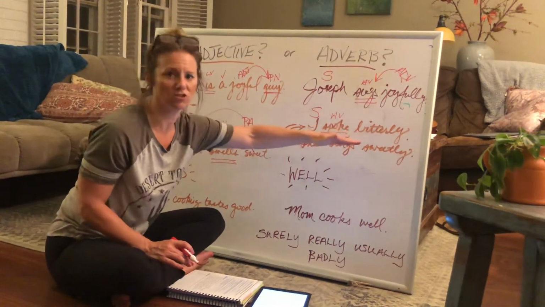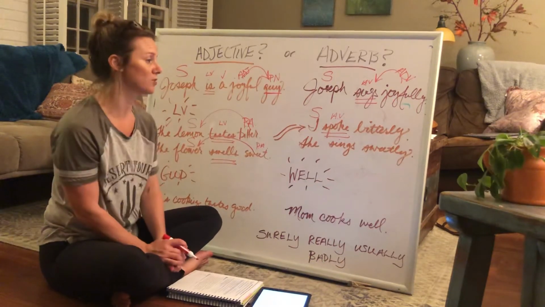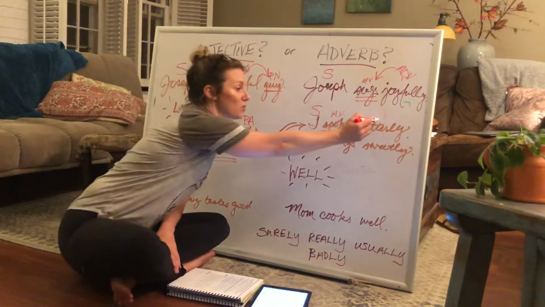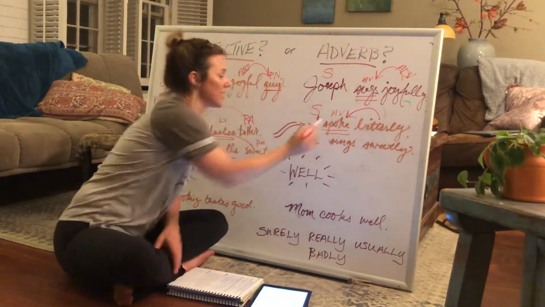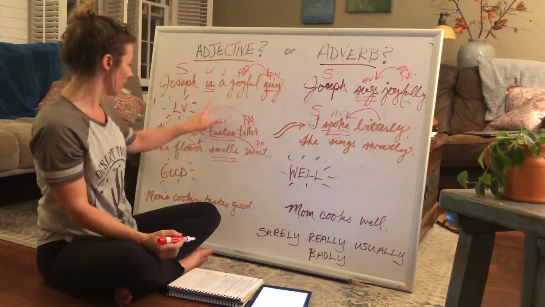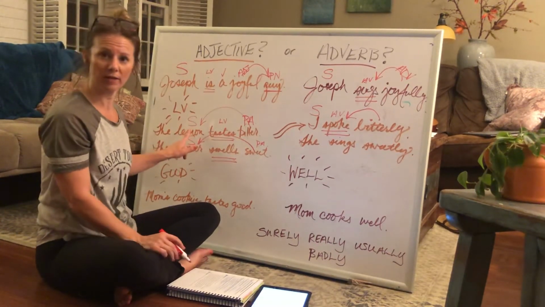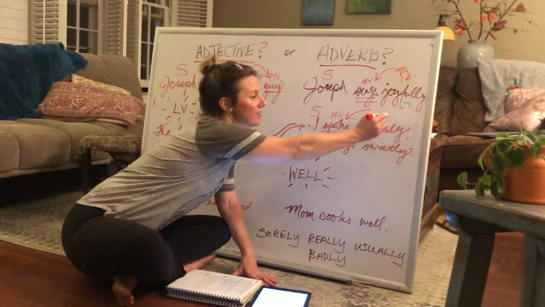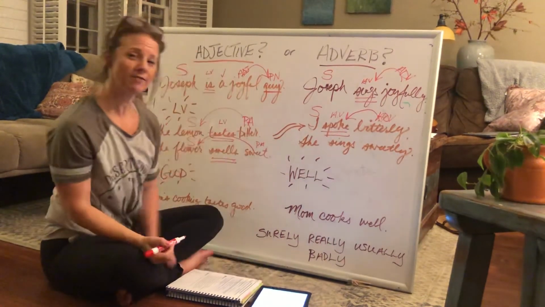I don't have an answer to that question, so I don't have a direct object. All I have is this word telling me how I spoke. So as soon as I change bitter to bitterly, I'm no longer modifying or describing a noun, I'm describing a verb. And things that describe verbs are called adverbs.